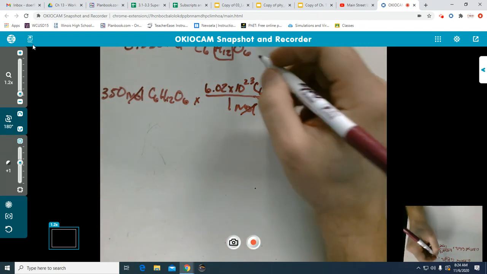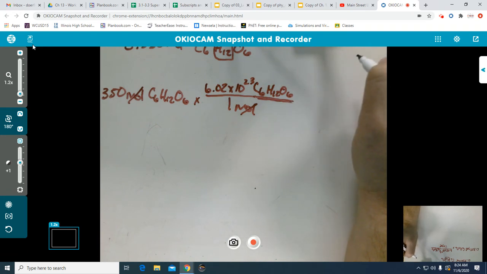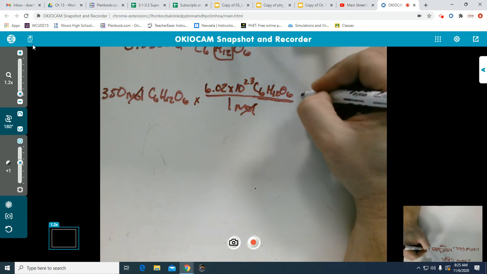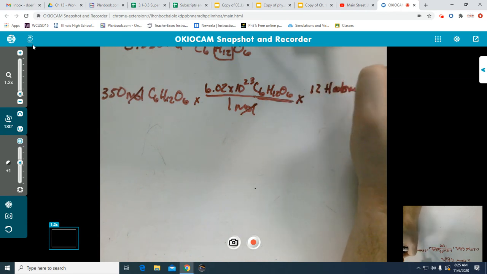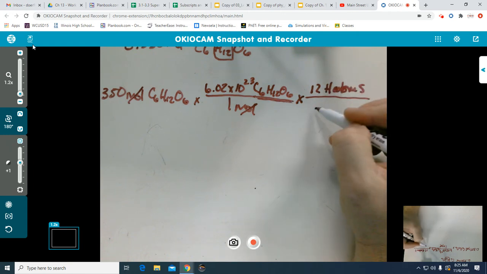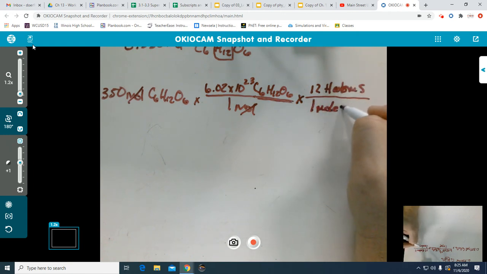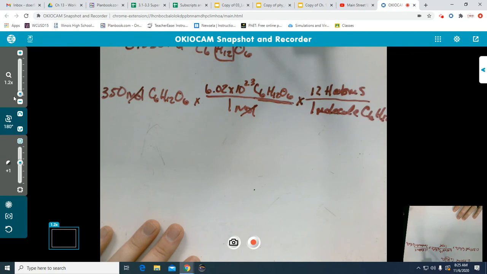First of all, how many atoms of hydrogen are in 1 molecule of C6H12O6? 12. It's in the formula. Okay. Times 12 H atoms. And there are 12 hydrogen atoms in 1 molecule of C6H12O6.